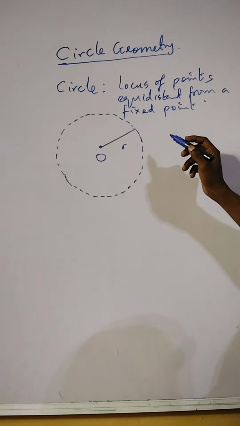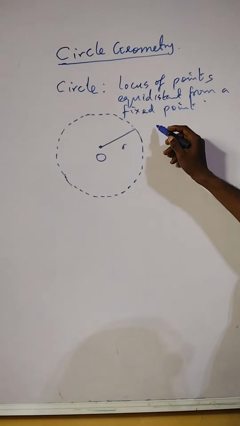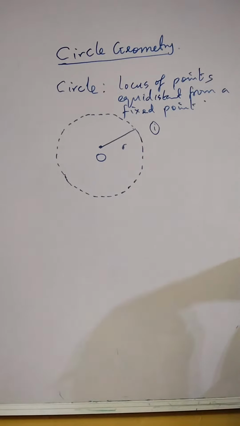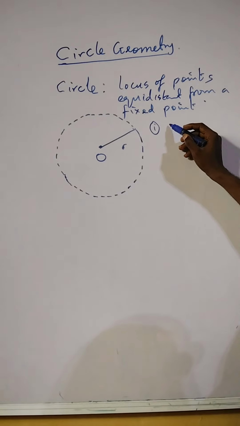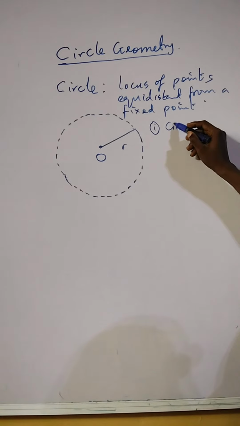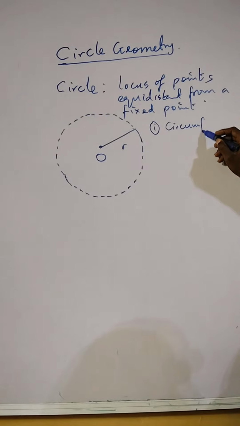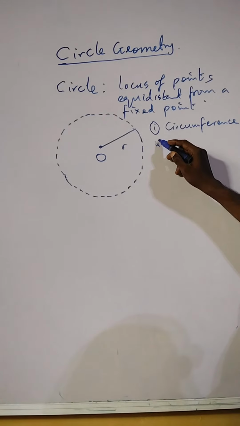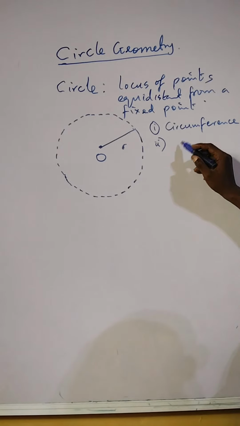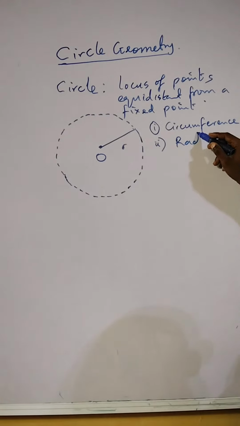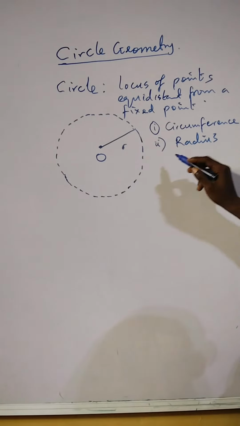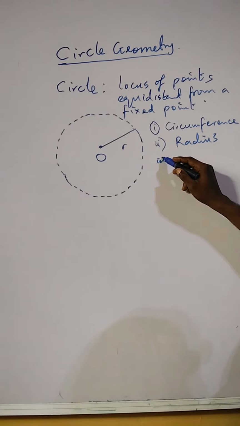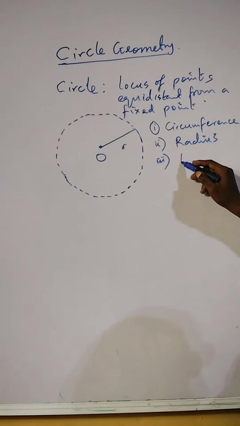Then we can define some parts of a circle. Number one, we have circumference of a circle. We have a radius. We have diameter.